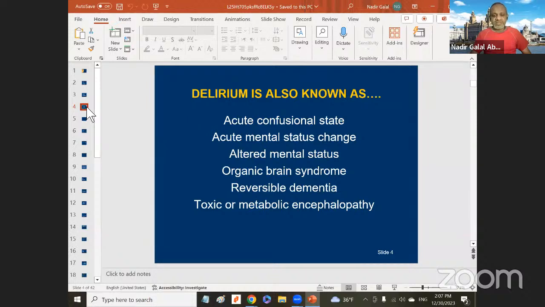Other diagnosis names for the same condition are acute confusional state, acute mental state changes, organic brain syndrome. Sometimes they call it reversible dementia. It's a differential diagnosis when you see patients who might look like they have dementia. And the last one, more commonly known as metabolic encephalopathy, or sometimes toxic encephalopathy.